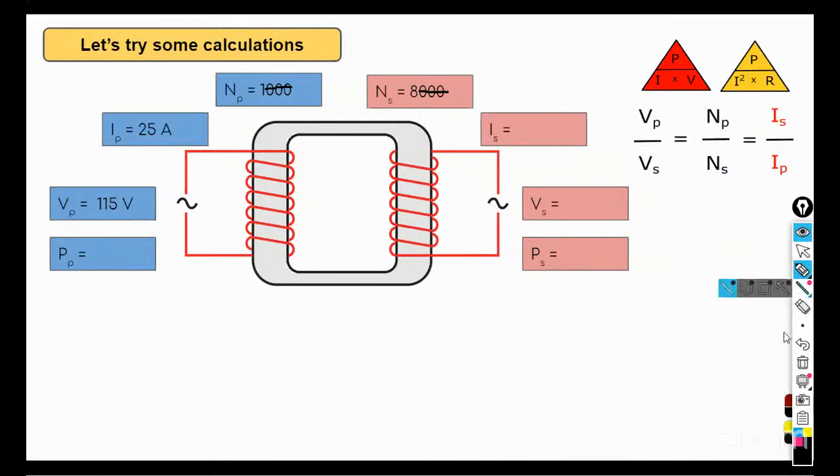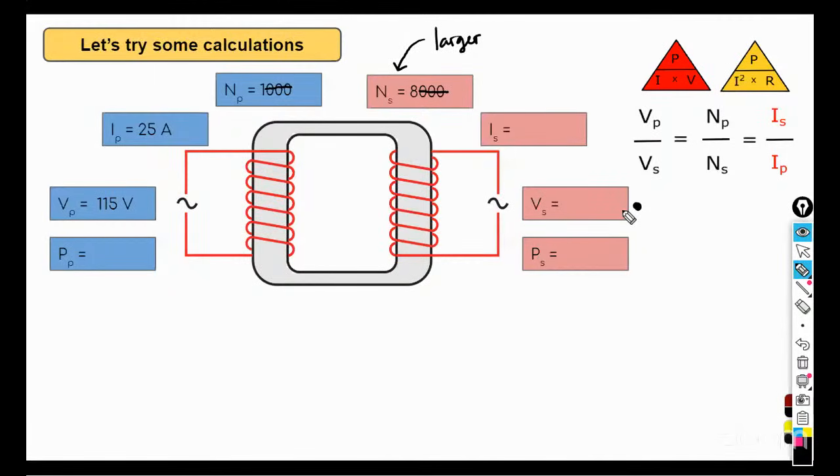That will definitely make life easier. Also, we could try to predict what's going to happen in the question. Notice NS is larger than NP. What the N values tell you gives you an idea of what's going to happen to the voltage, not the current.